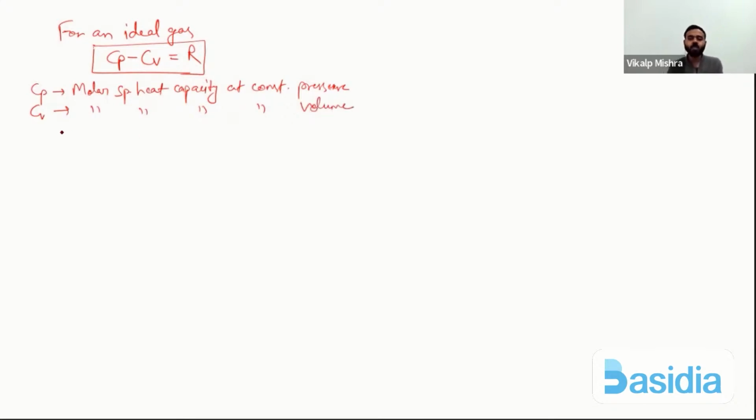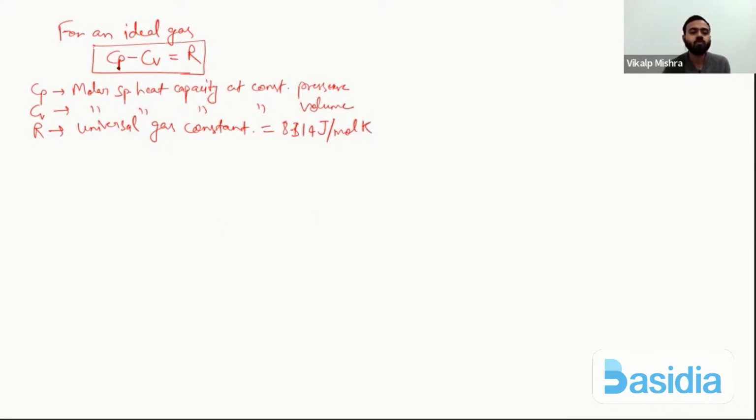And what is R? R is the universal gas constant, and its value is 8.314 joule per mole Kelvin. It's a constant, the universal gas constant.